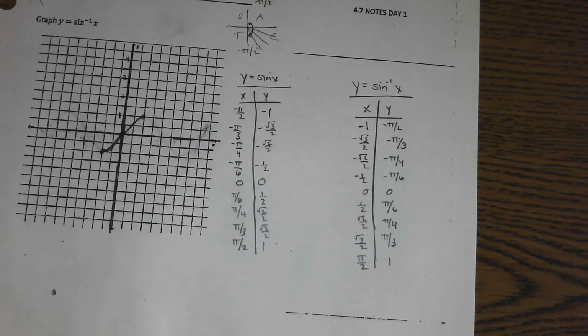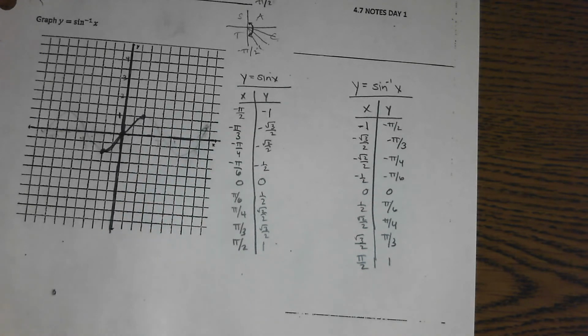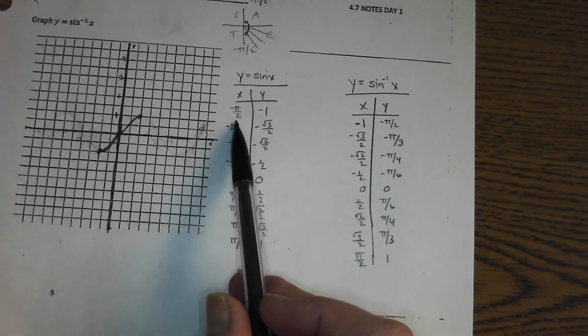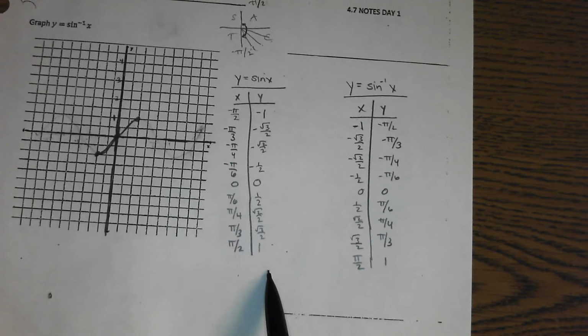So this is where this is now going to get a little tricky. Because our original sine graph has an x-axis that is labeled via radians and a y-axis that's labeled via regular numbers.